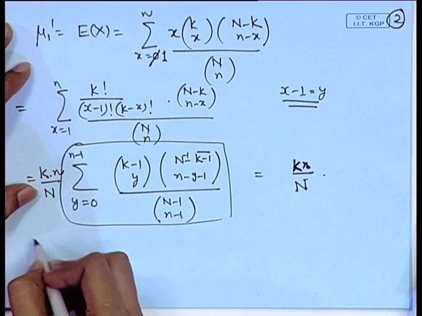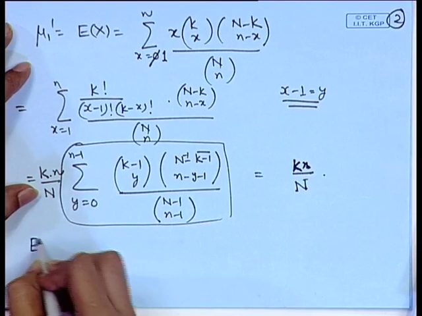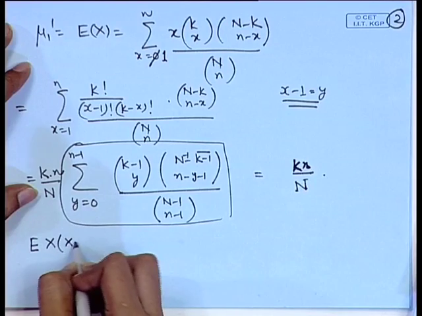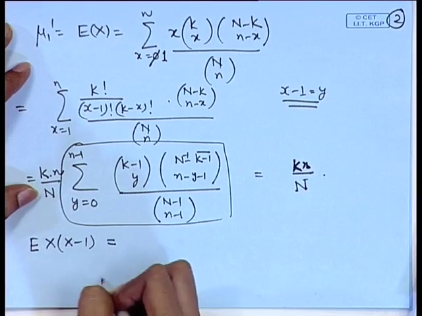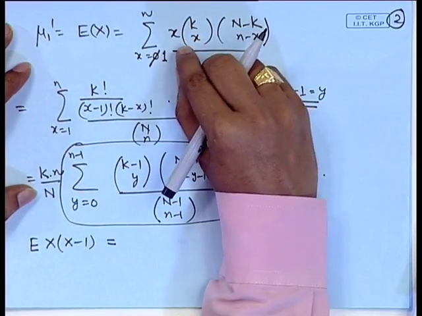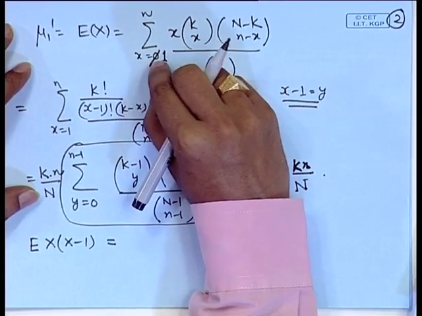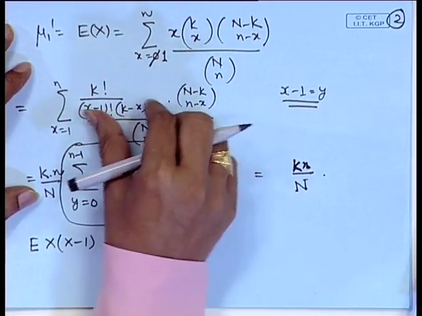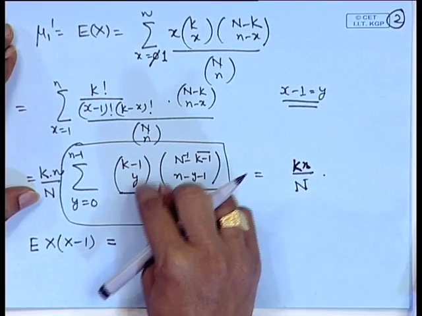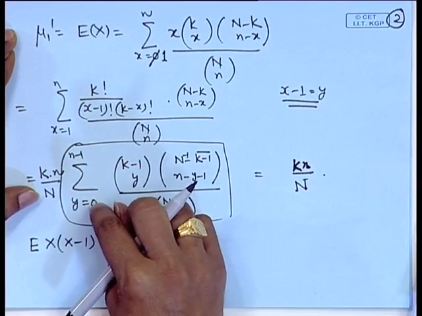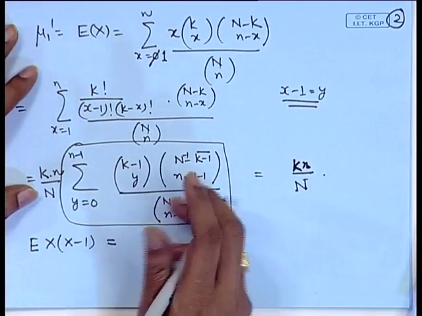So, in a similar way, if we want to calculate say expectation x square, we will need to calculate the second factorial moment. Doing the calculations in a similar way, this one will become x equal to 2 to n. So, we adjust the terms in the form (k minus 2) C y, where y will be from 0 to n minus 2.